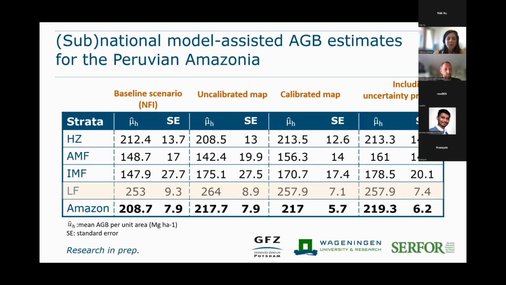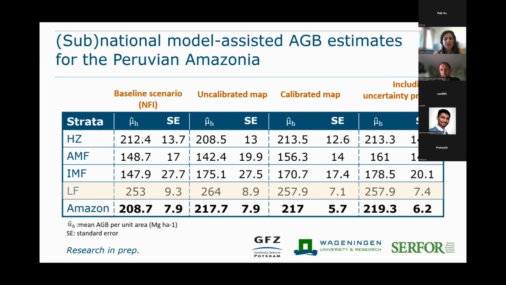Some preliminary results of this ongoing research show that from the use of this global large-scale biomass map, we can see an enhancement in the precision of our estimates for Peru within the Peruvian Amazonia. You can see that from the numbers of the standard errors, where the precision is slowly enhanced. In one case, when we use the map as provided online, the precision increase was actually negligible.